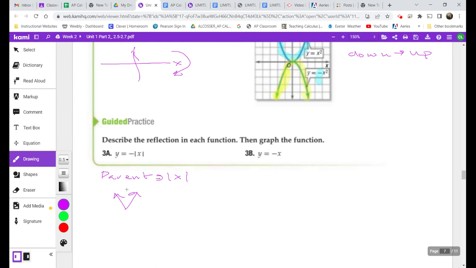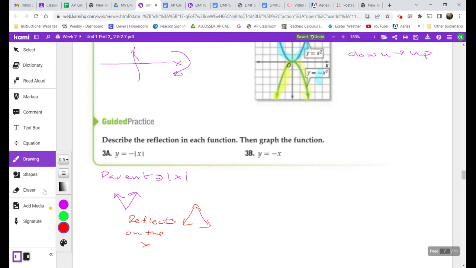So it's a V shape, but I have a negative in front, so therefore it reflects on the x, which means now it's going to point down on the graph. Okay? So it's going to turn around and point down.